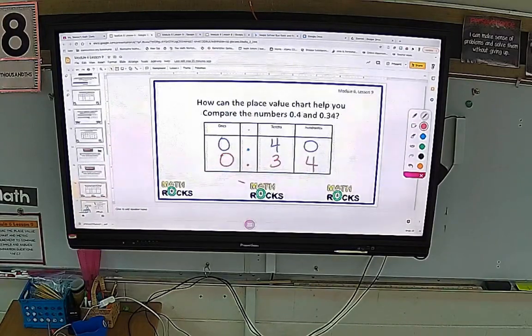Alright, if you have gotten finished, go take your item and your tape diagram back to your seat.